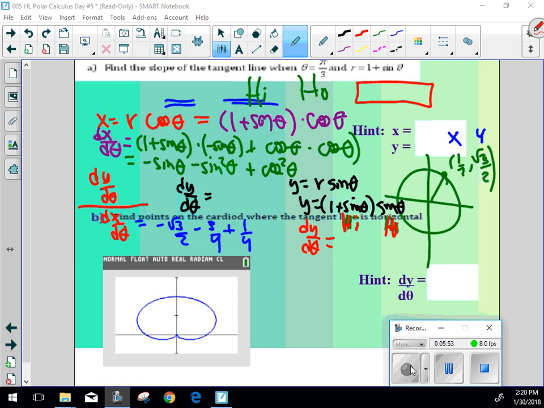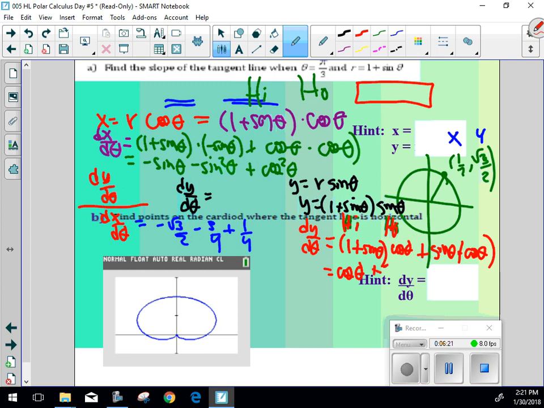So I get hi, which is 1 plus sine theta. Derivative of sine is cosine, plus ho, which is sine, and derivative of 1 is 0, sine is cosine. So this one is going to be cosine theta plus sine theta cosine plus sine theta cosine.